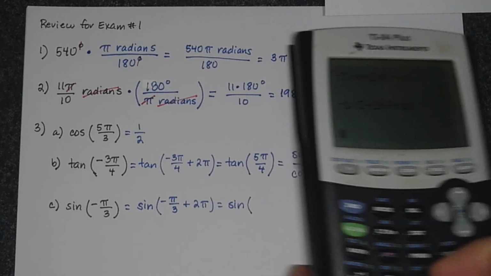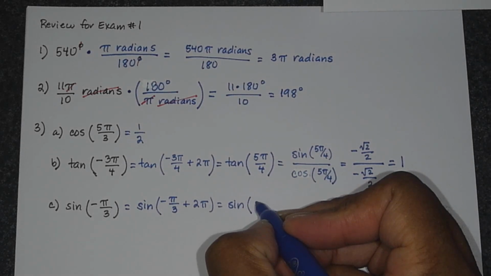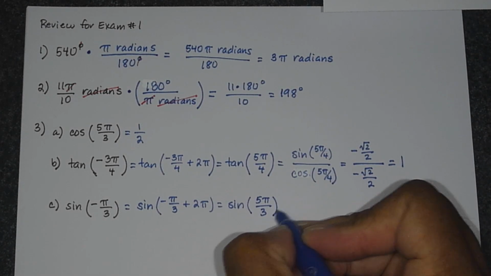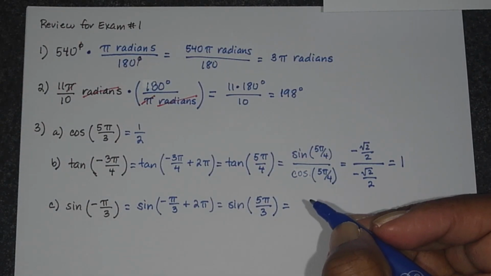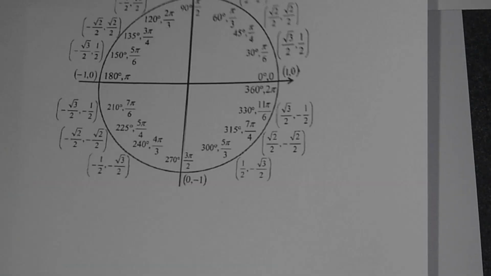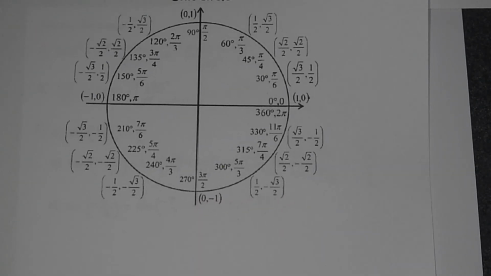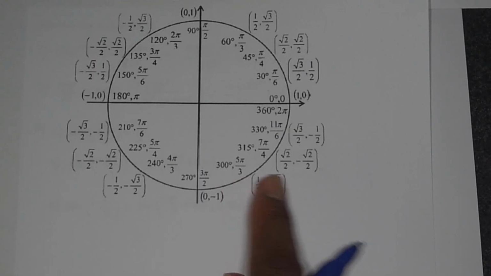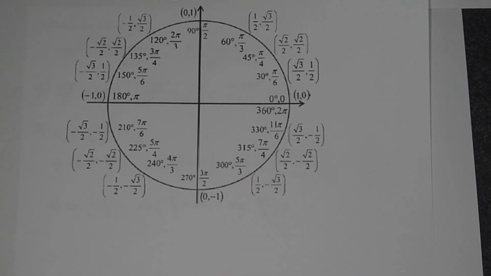This will be 5 thirds, but it's going to be 5 pi over 3. And on the unit circle, 5 pi over 3, the sine is going to be negative square root of 3 over 2.